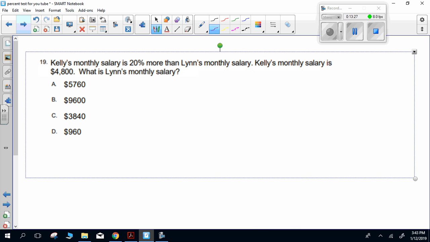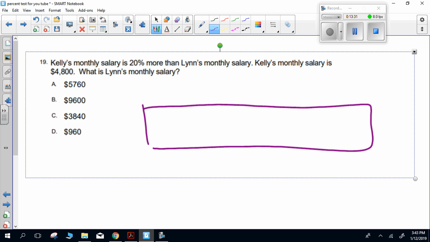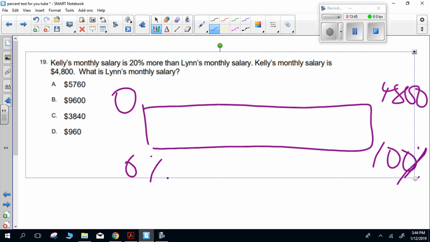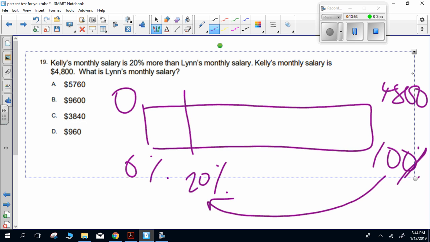Okay, next one. Kelly's monthly salary is 20% more than Lynn's. So Kelly got $4,800. And this is Kelly. So 20%. Divide by 5.